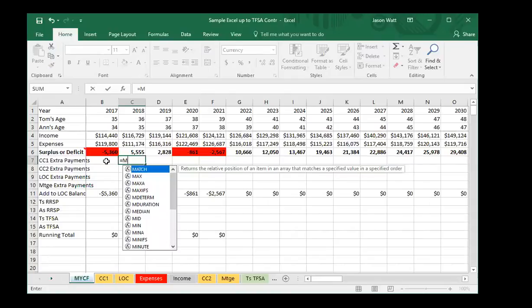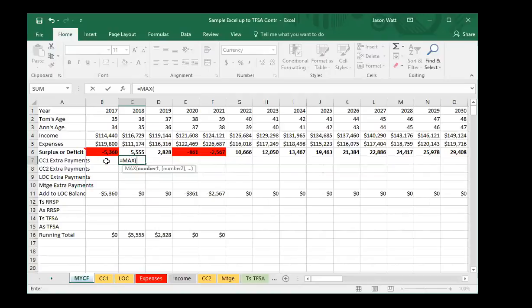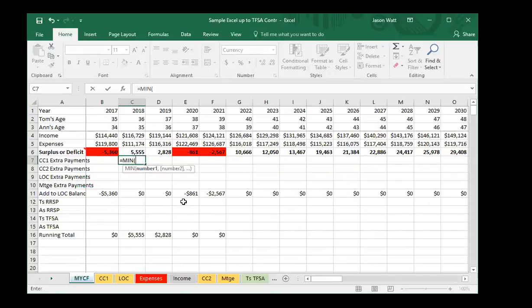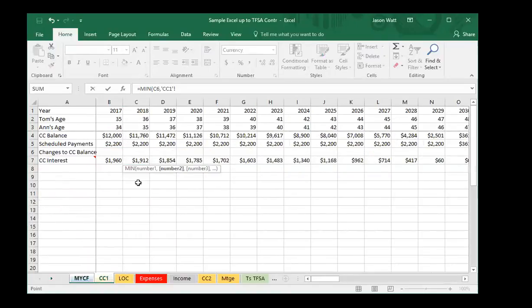So I want to do the maximum of 55.55. No, the smallest of those amounts, sorry. The minimum of 55.55. Now I'm going to run into a problem in a second here. I'll show you. Nothing to worry about yet. And the credit card balance.